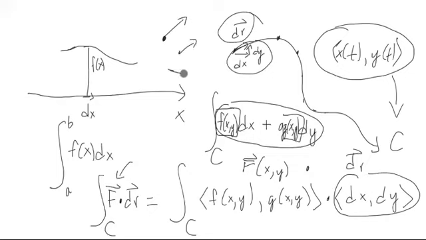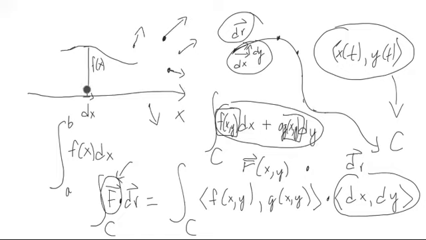Vector fields, magnetic fields, and gravitational fields are often described by such a vector function f of x y. So really, the question is, what do we integrate along a curve? We integrate a vector field. Vector fields can be integrated on curves. Functions right here are integrated along coordinate axes.